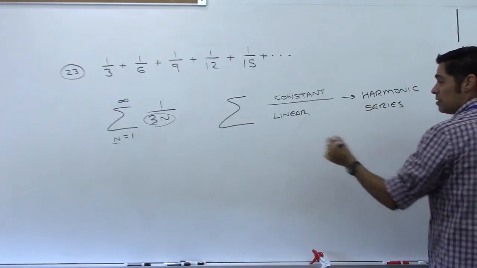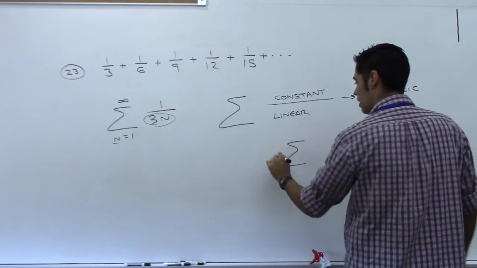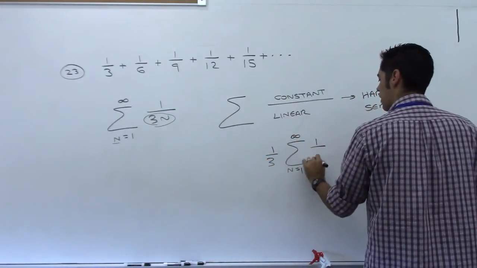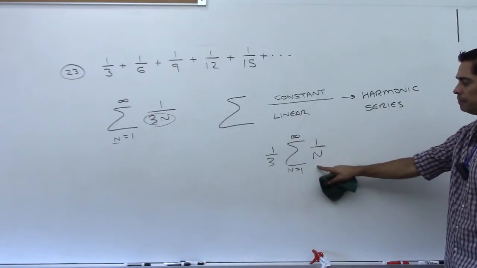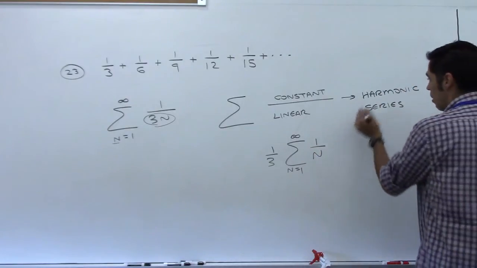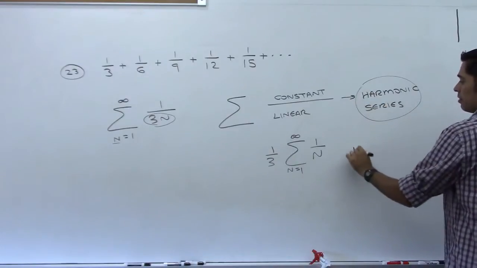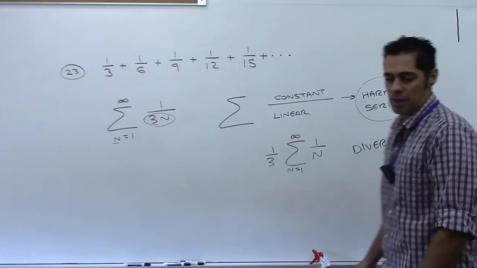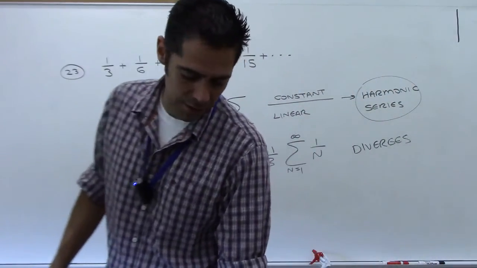So what we could do is essentially take that 3 out, make it a 1/3, and that's your harmonic series right there. And so we know that all harmonic series diverge. So your answer is diverges. There's no work that needs to be done other than to identify it as a harmonic series.